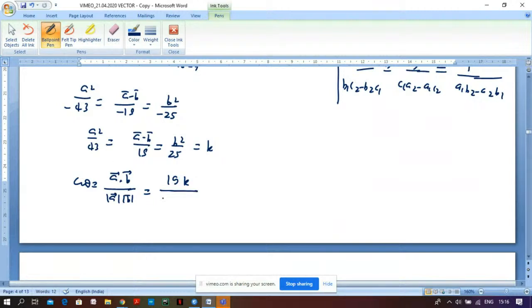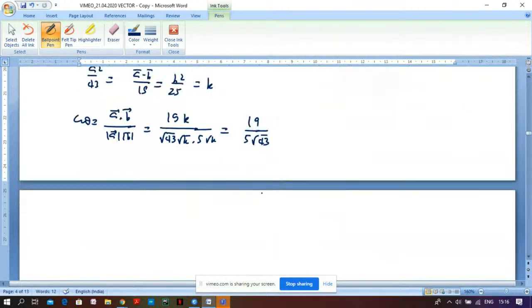Modulus of a is square root of 43 times square root of k, and modulus of b is 5 times square root of k. That k cancels out, and you are getting 19 over 5 root 43. So the angle between them, theta, is cos inverse of 19 over 5 root 43. That's your angle between the vectors a and b.